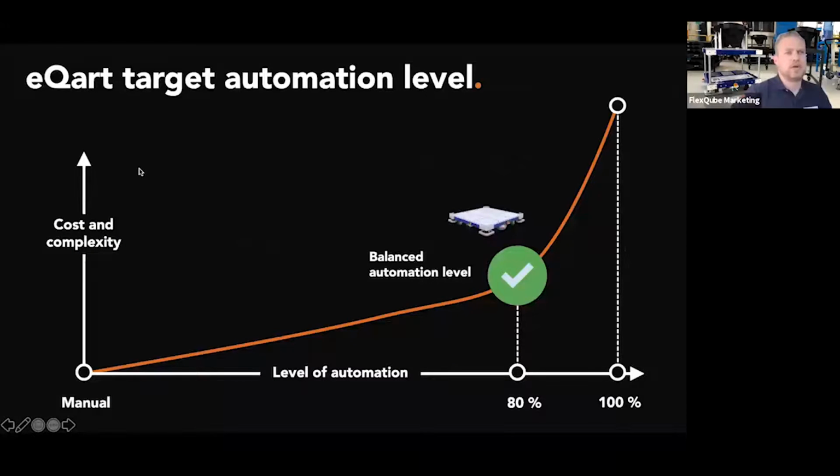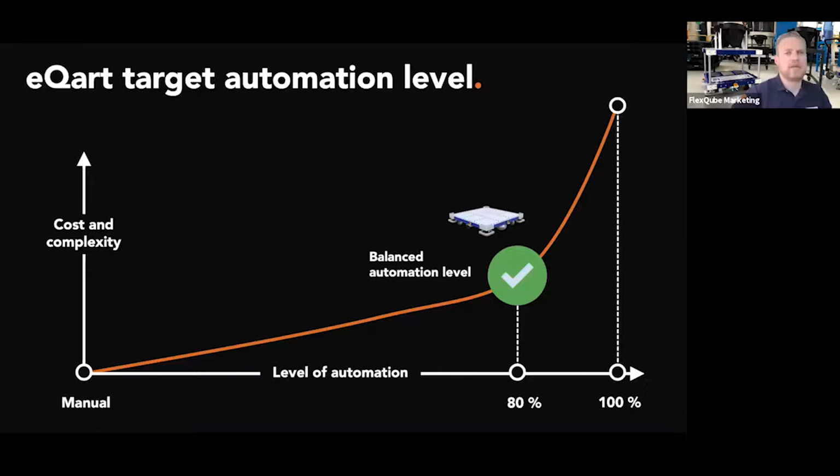This slide shows our approach to automation level. We have one axle with cost and complexity, and we have one axle of level of automation. And we have said that we aim to automate up to 80% because we still want to be flexible.